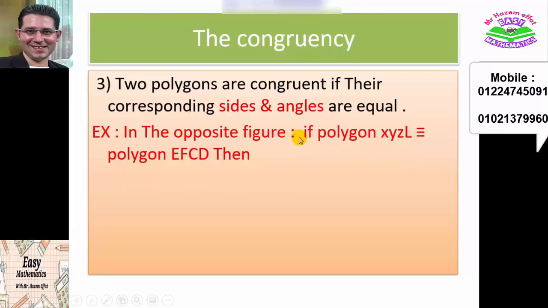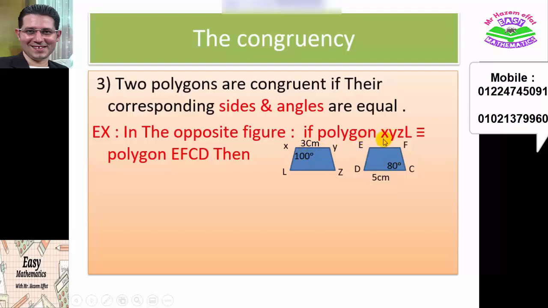In the opposite figure, the polygon XYZL is congruent with the polygon EFCD. Here he gave me two polygons and both of them are congruent. So what do we deduce? We deduce that all of the sides here equal all corresponding sides here, and all angles here will be equal with all corresponding angles here. What is the meaning of corresponding sides or corresponding angles?